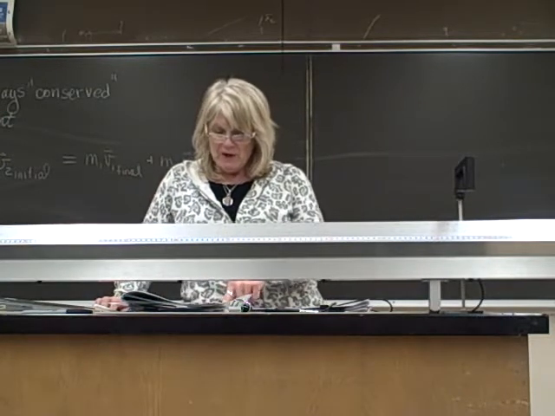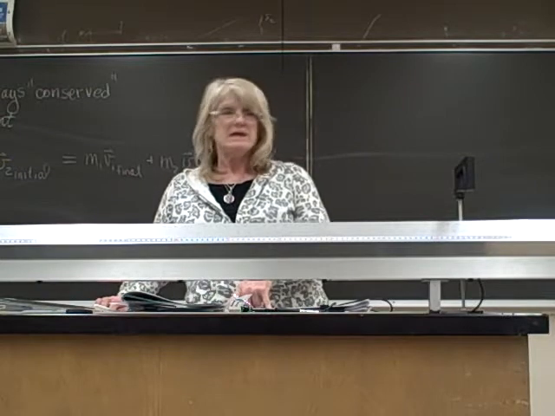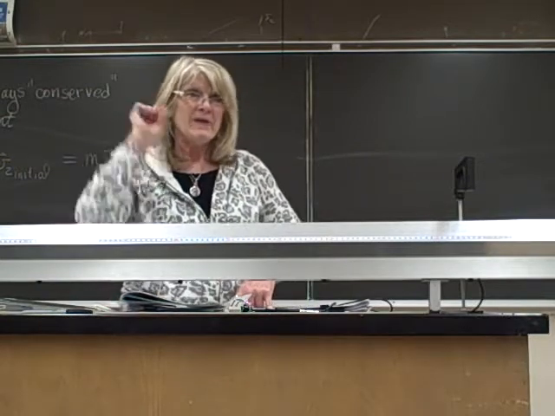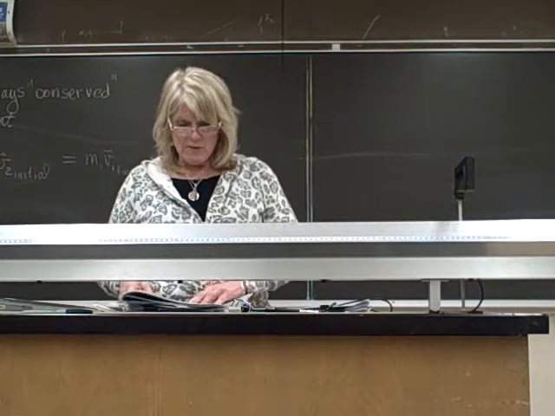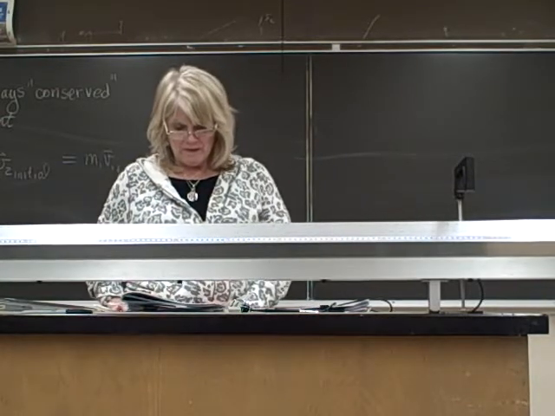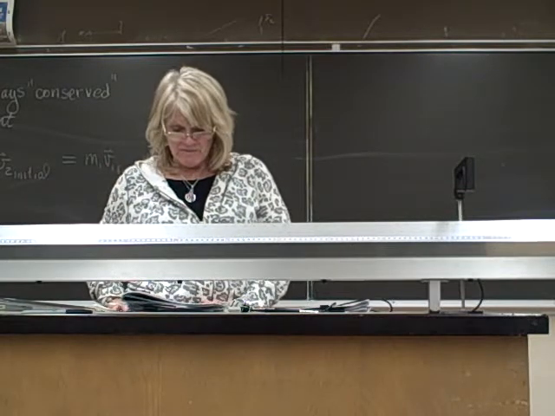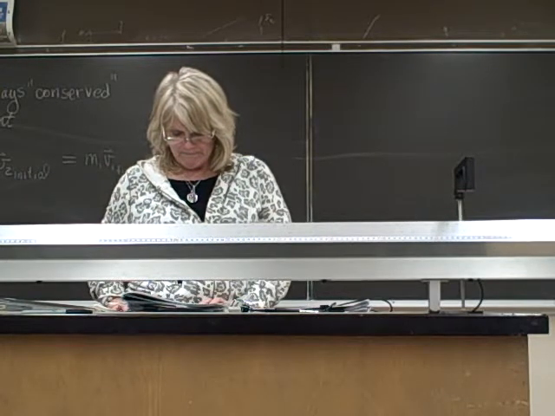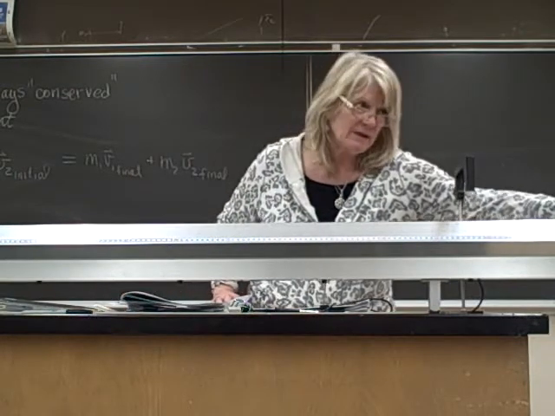Now, if you will notice in collision 2, it says initial velocity of cart 2, right to left. Make yourself a note. That means its initial velocity is negative, okay? So for collision 2, cart 2 has an initial negative velocity. Now, here's what's going to happen.